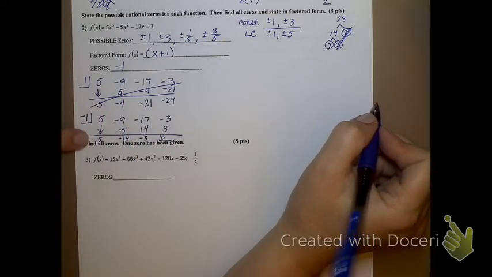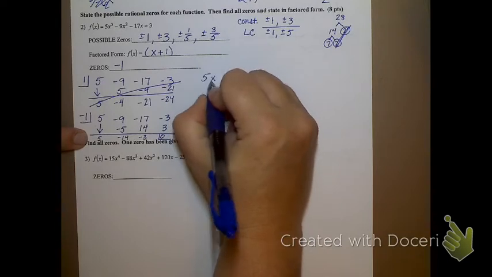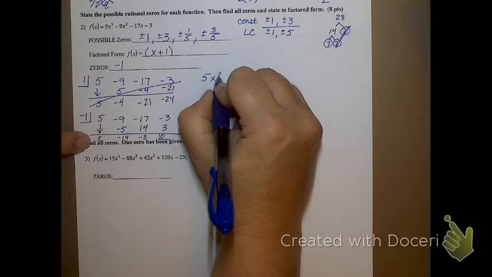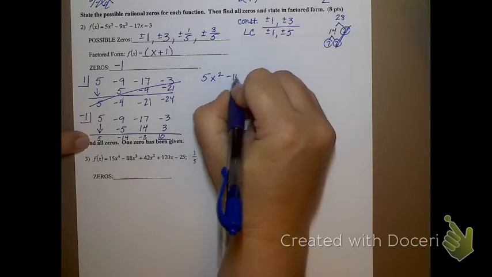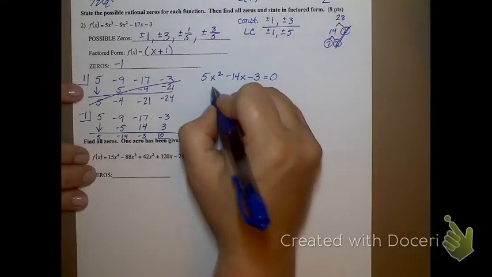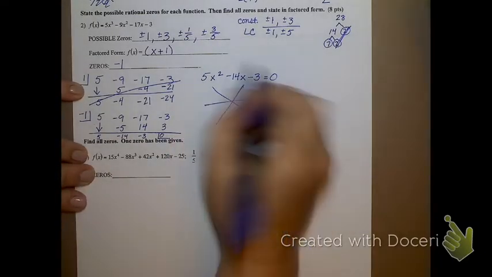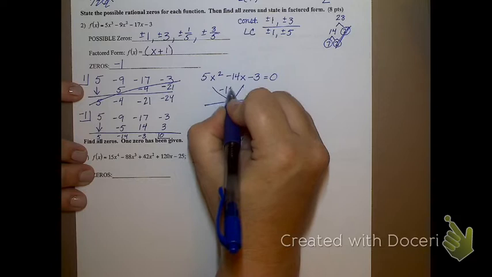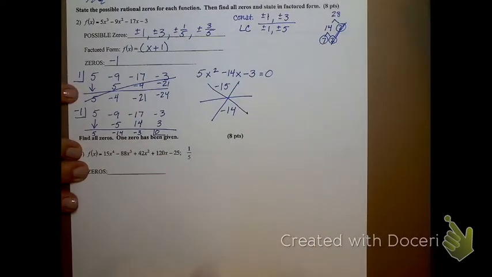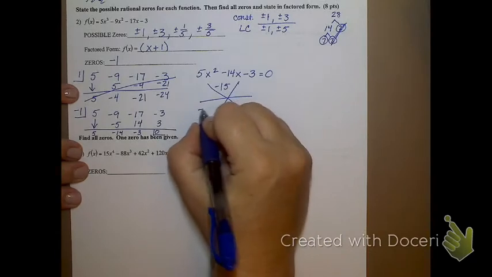And now I'm down to what? 5x to the, it was cubed, I took out 1, so now I'm x squared, minus 14x minus 3. I'm going to try snowflake. 5 times negative 3 is negative 15. And negative 14, what are two numbers that multiply to get negative 15 and add to get negative 14?